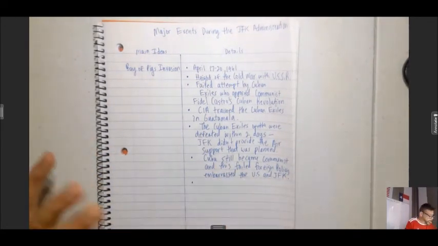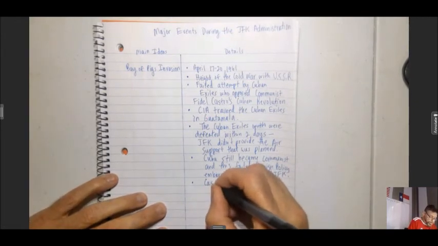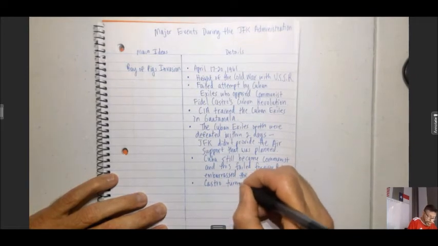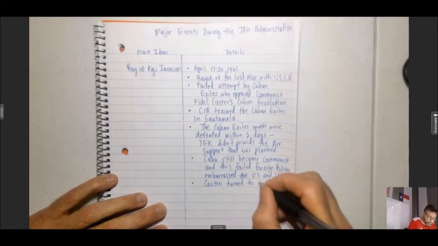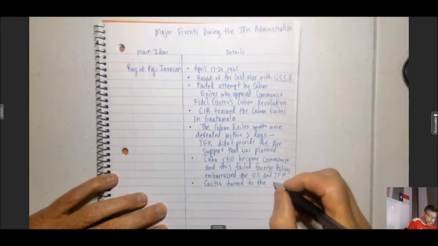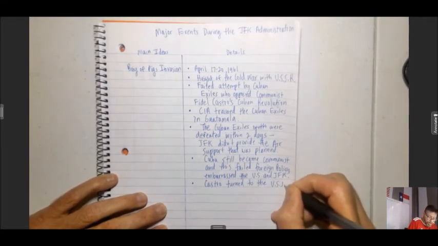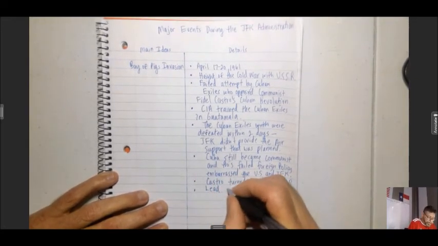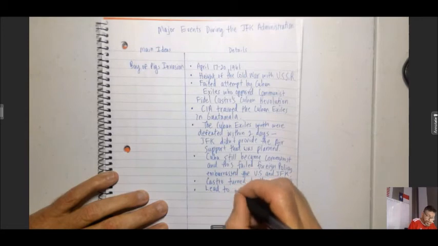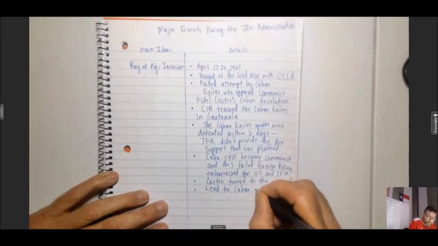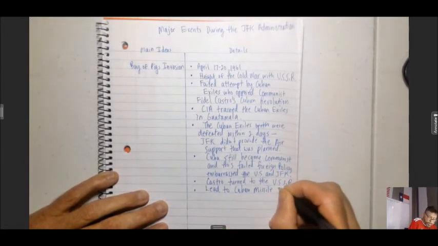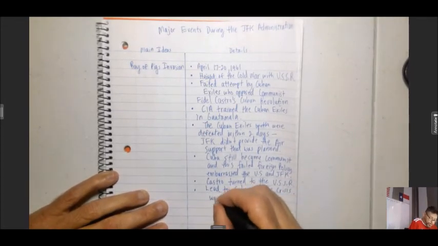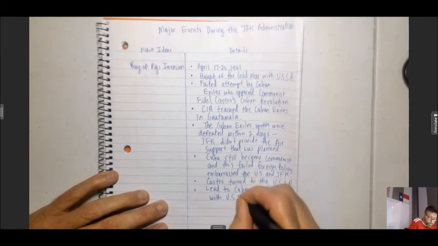Then you would learn that Castro turned to the Soviet Union for even more help. He's paranoid about the United States now, so he turns to the USSR even more. And this led to the Cuban Missile Crisis with the Soviet Union, the closest we ever got to nuclear war.